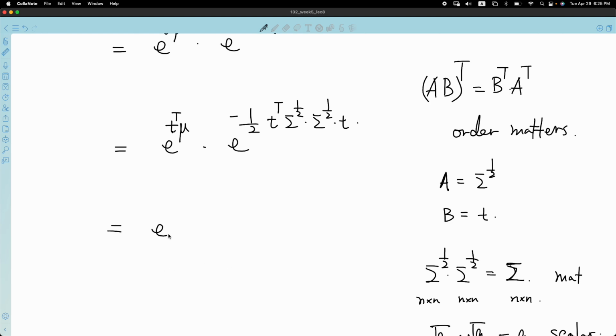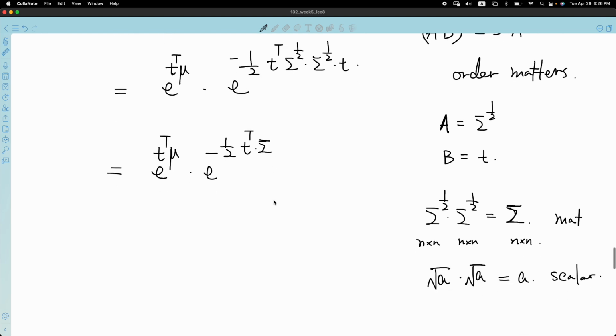You will have e of T transpose mu. These are two vectors, and then e of negative 1/2 T transpose. I'm grouping these two together. When they are multiplied together, you will just have the sigma matrix. I'm applying this rule here: sigma 1/2 multiplied by sigma 1/2 is equal to the sigma matrix.